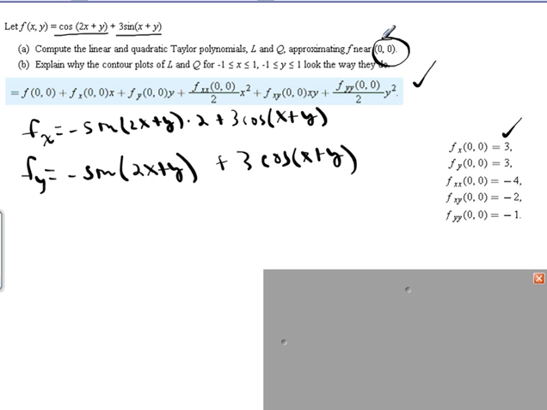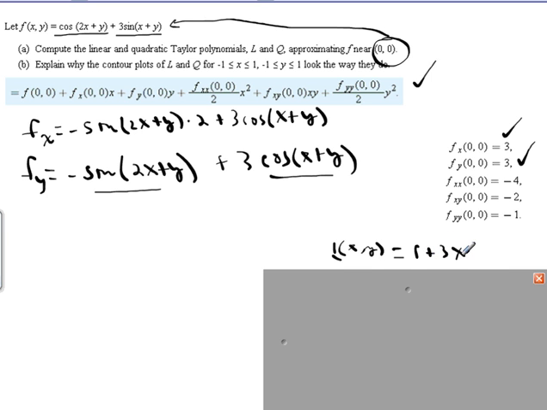And similarly, if we plug 0, 0 into f partial y, we're also going to get 3. So my linear approximation will equal f of 0, 0. So if I plug 0, 0 into this function, I'm going to get 1, plus 3x plus 3y.